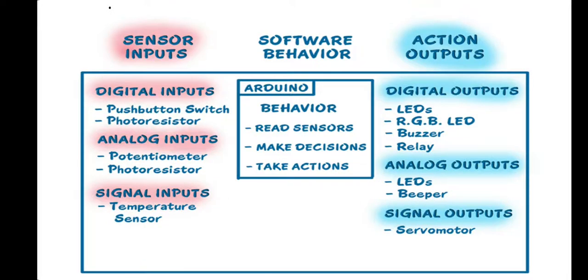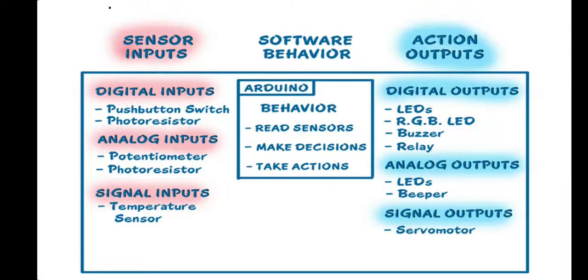So sensor inputs are there. They can be a push button switch, photoresistor. Analog inputs can be a potentiometer, photoresistor. Signal inputs can be a temperature sensor. The software behavior will be: read the sensor, make a decision, take action. So this is what the Arduino will do after receiving the inputs.